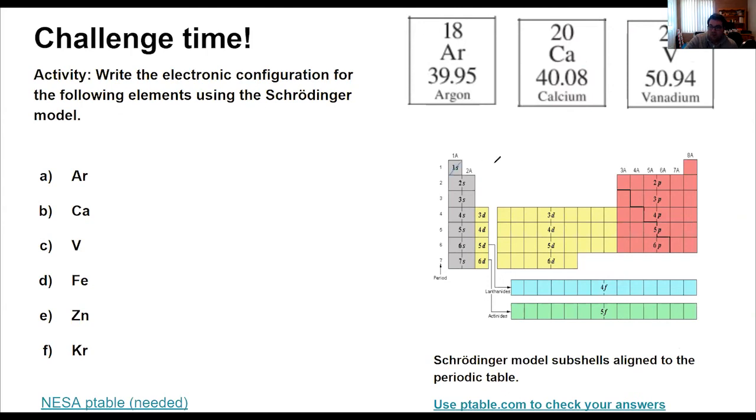All right, so our 1s shell is full. Okay, so we have 1s2. Our 2s shell is also full. 2s2. Our 2p shell is also going to be full. All right, so that's 2p6.